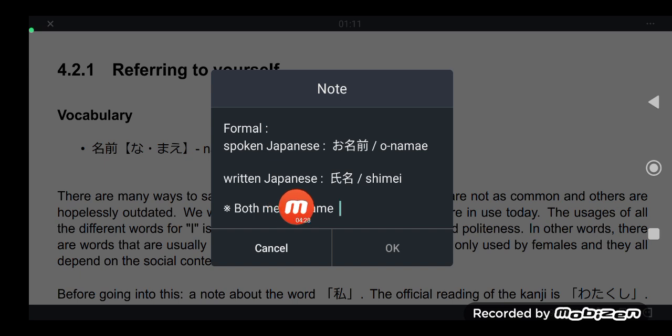So the formal word, particularly for documents or written Japanese, is not namae but shimei. Shimei. Both mean name.